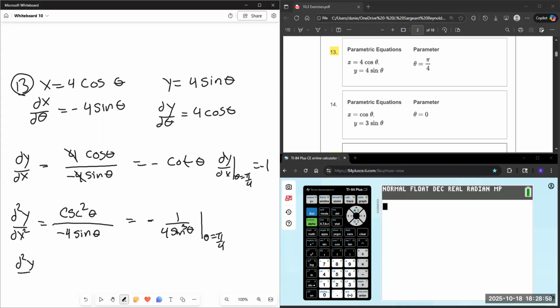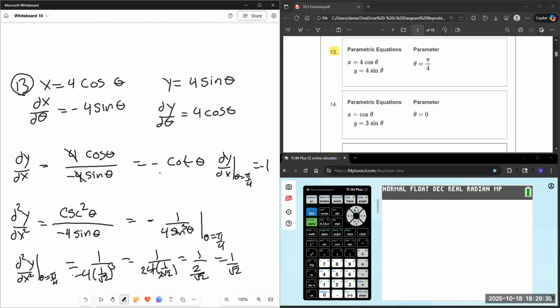We get d2y/dx2 when theta equals pi over 4 is equal to negative 1 over 4 times 1 over root 2 cubed. It's 1 over 4 times 1 over 2 root 2. So this 2 cancels and it is 1 over 2 root 2, which is 1 over root 2.